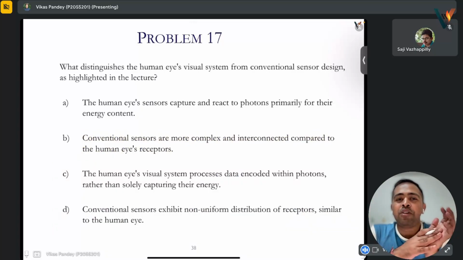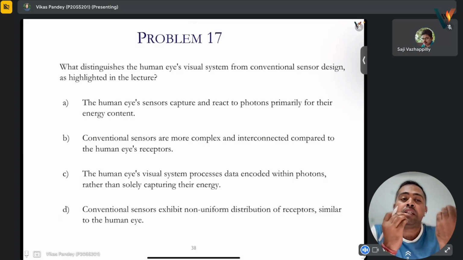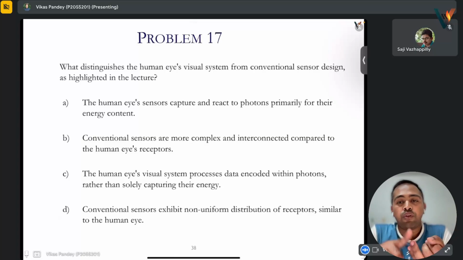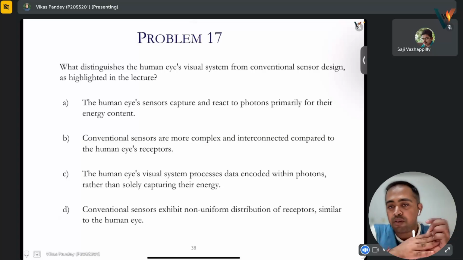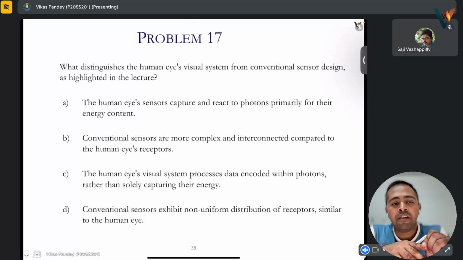So when we are talking about this, let's ask one more question: what distinguishes the human eye's vision from conventional sensor design, as discussed in the lecture? The human eye sensor captures and reacts to photons primarily for their energy content. Conventional sensors are more complex and interconnected compared to human eye receptors. The human eye visual system processes data encoded within photons rather than solely capturing their energy.